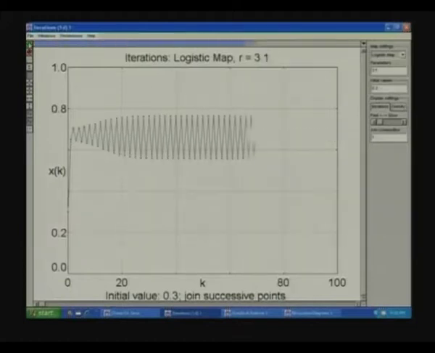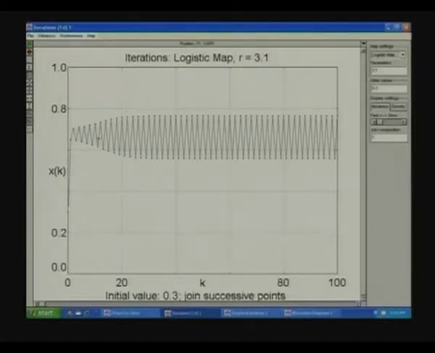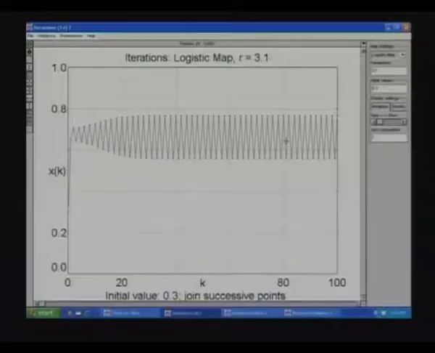See, there was some initial transient, but ultimately it converged onto two states repeating each other, which means it is a period 2 orbit. In a continuous time dynamical system, it is a period 2 orbit like this, but here it is seen as the state toggling between two numbers.